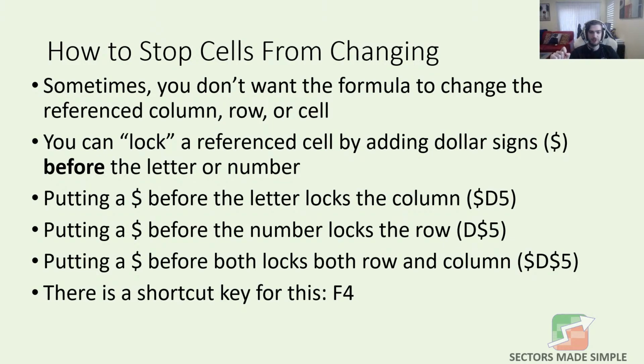Putting a $ sign before the row, before the number, locks the row. It locks the up and down. It locks the number. Putting a $ sign before both locks both the row and the column.